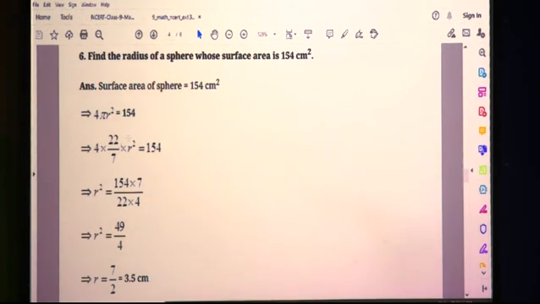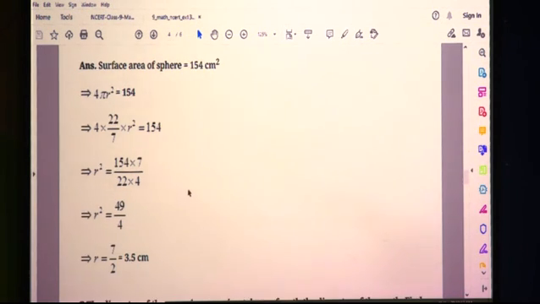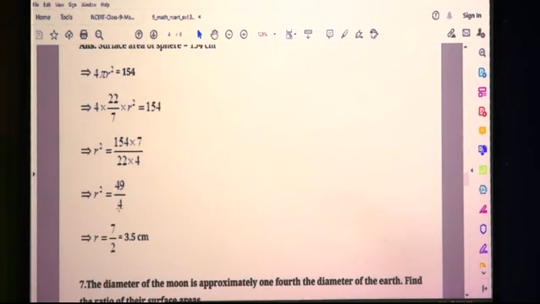What remains on the left hand side? It is r square. After doing the calculation, you get r square is equal to 49 upon 4. Therefore, by taking the square root, r is equal to 7 upon 2, that is 3.5 centimeter. That is the radius of the given sphere.